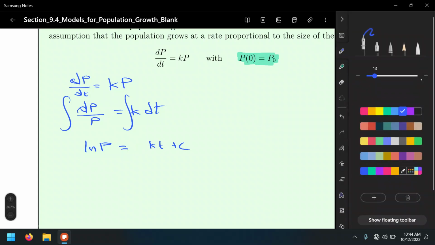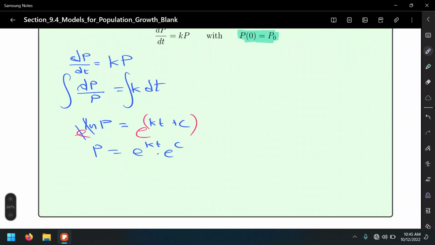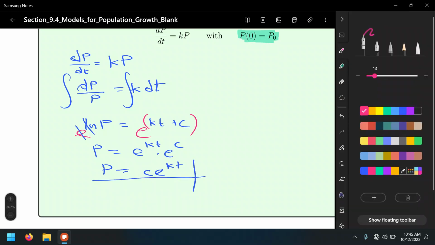And doing the same as we did before, exponentiate both sides to get P by itself. So that's going to be P equals e to the kt times e to the C. And again, e to the C is just a number, an arbitrary constant, so it's just the constant C. C e to the kt equals P. So this is so far our general solution. All right.